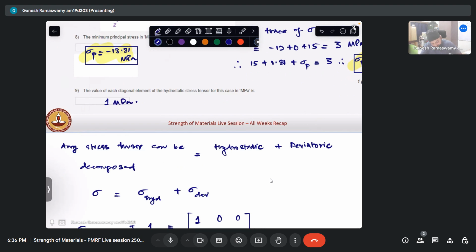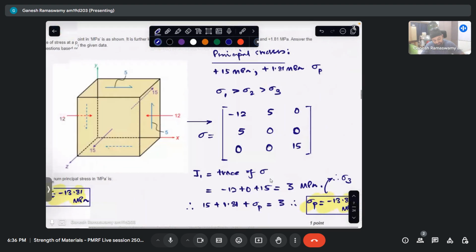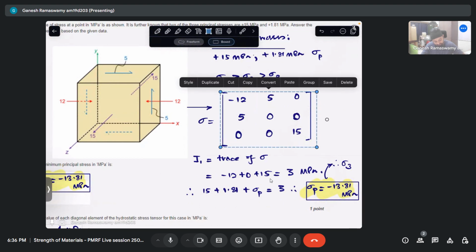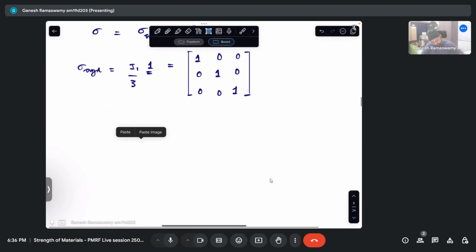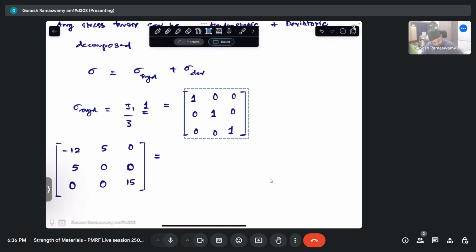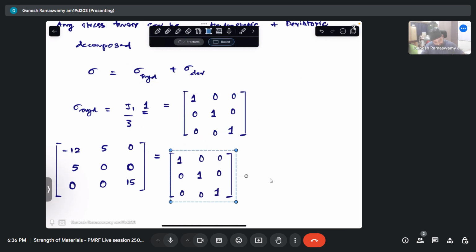Naturally, the deviatoric can be easily found. This is the actual stress tensor, which is equal to this plus deviatoric.